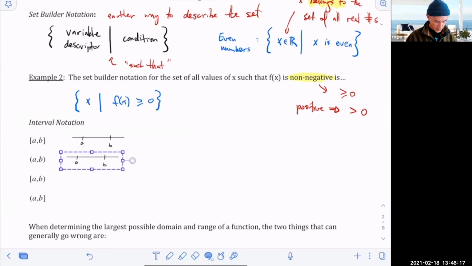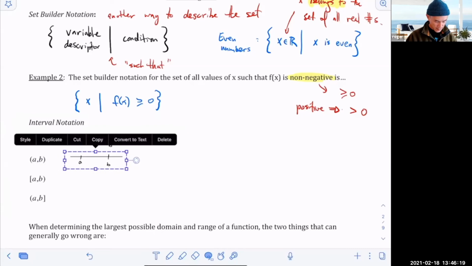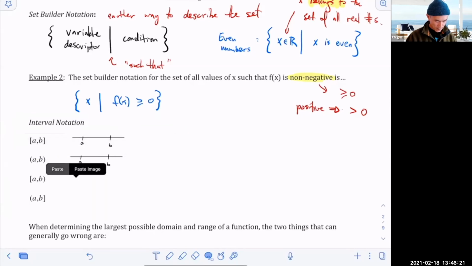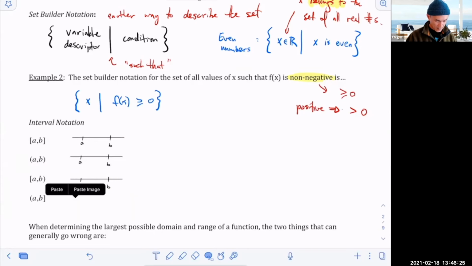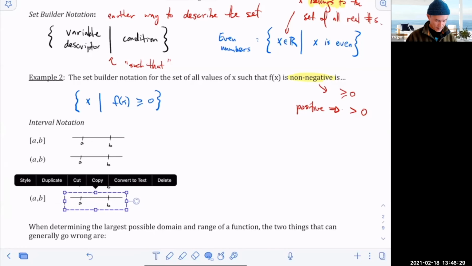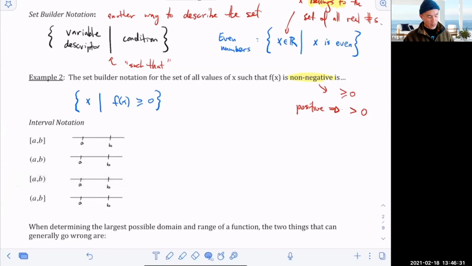Let's paste it here. Paste this guy here. Paste this guy here.